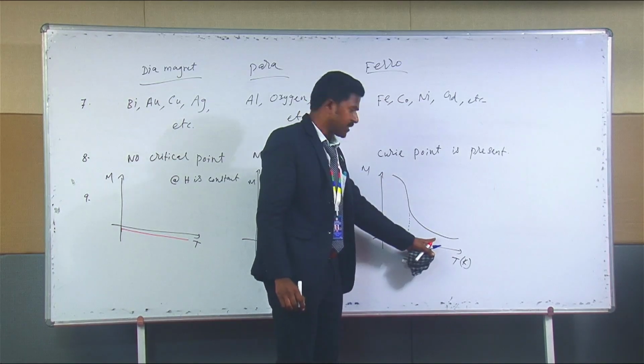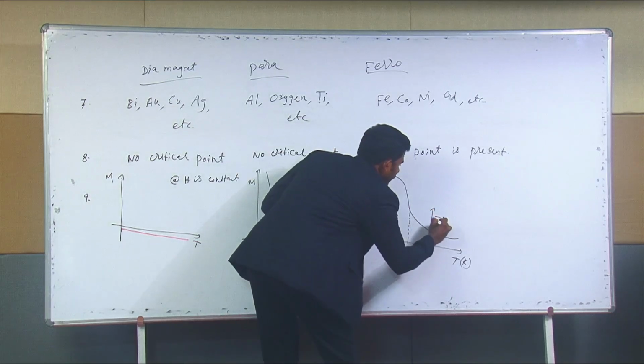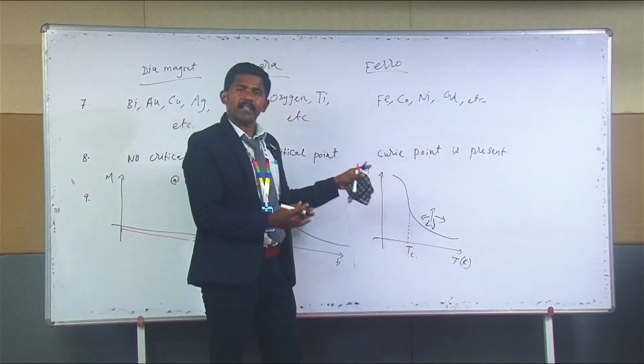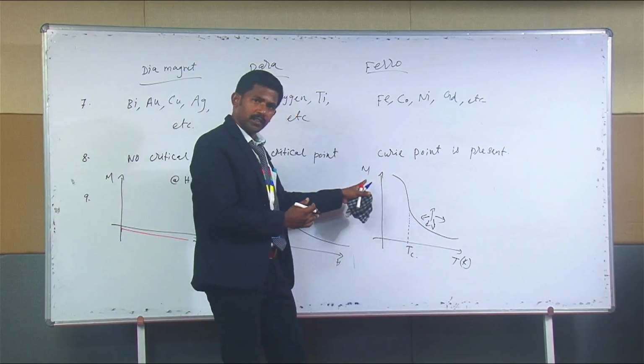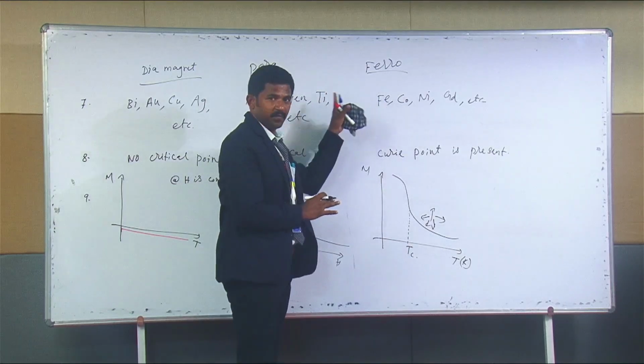Above this Curie temperature it is a paramagnet and the spins are randomly oriented, whereas from this point, the onset point, below this temperature it starts to align as a ferromagnet.